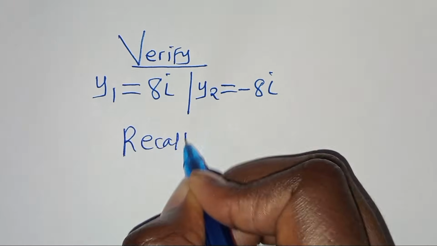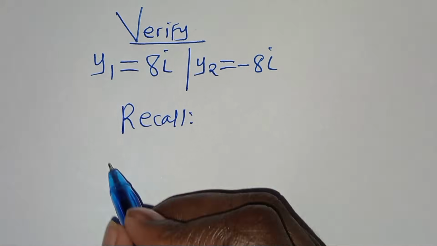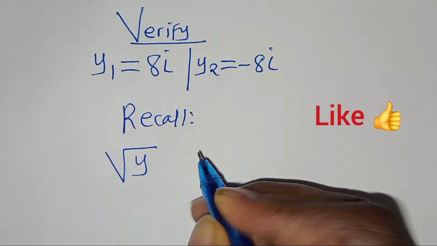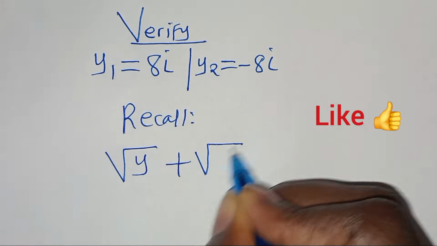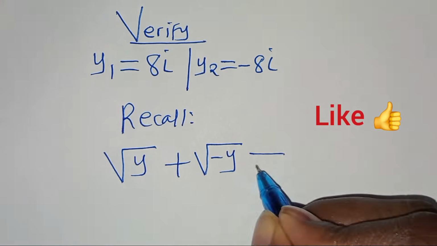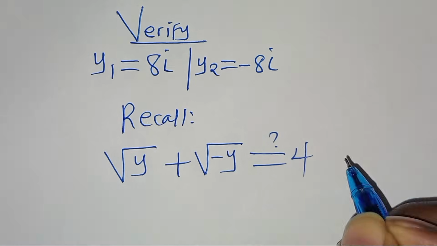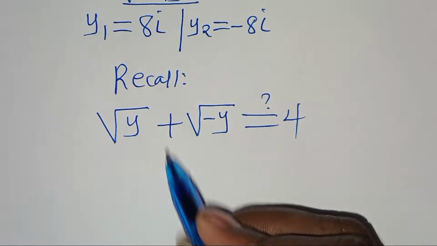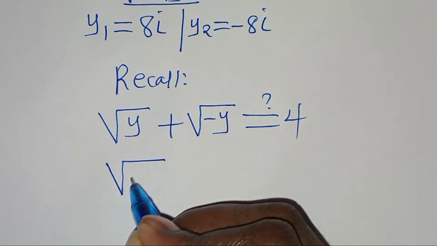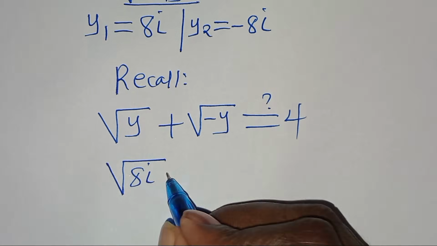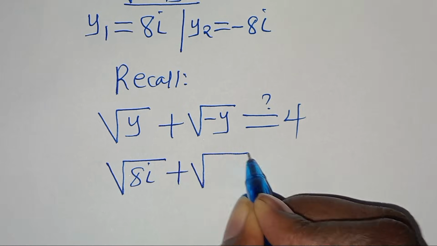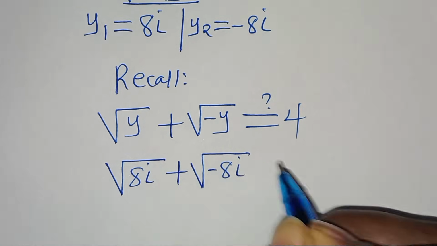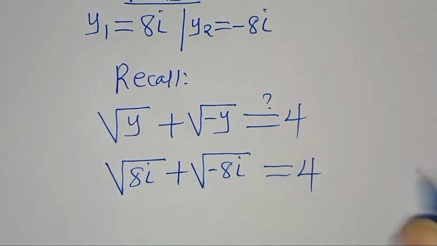If you recall, the square root of y plus the square root of minus y should give us a value of 4. So in this case, let's substitute y1, which is 8i, so that we have the square root of 8i plus the square root of minus 8i equal to 4.